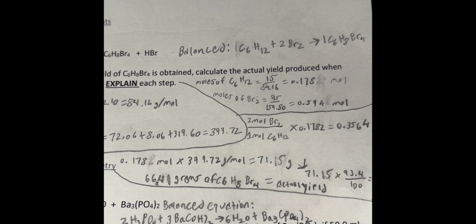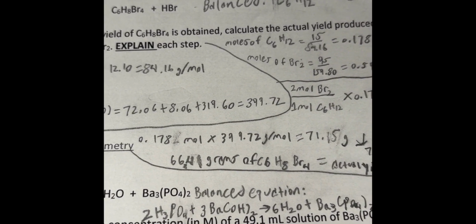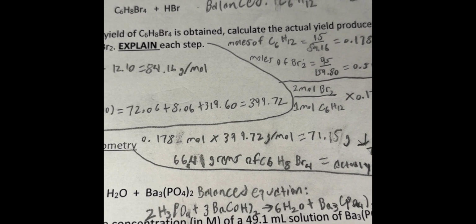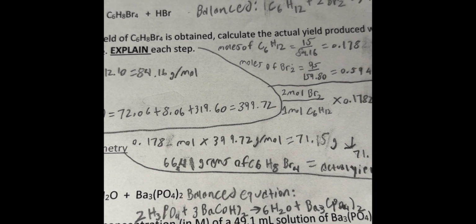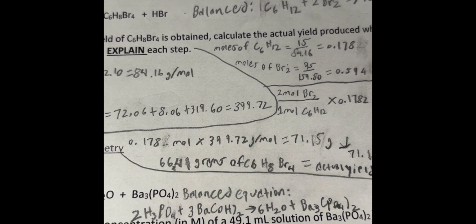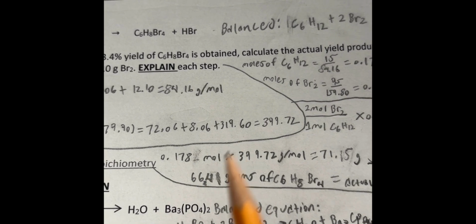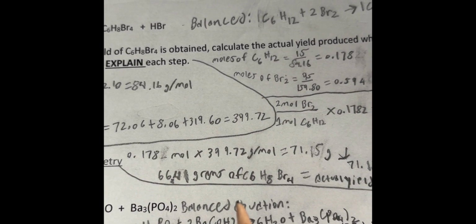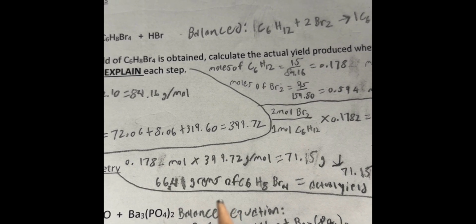Now, to calculate the theoretical yield, since C6H12 is limiting, the amount of product formed depends on it. So from the balanced equation, 1 mole of C6H12 produces 1 mole of C6H8Br4. So the moles of the product, 0.178 mole of C6H12 creates 0.178 mole of C6H8Br4.